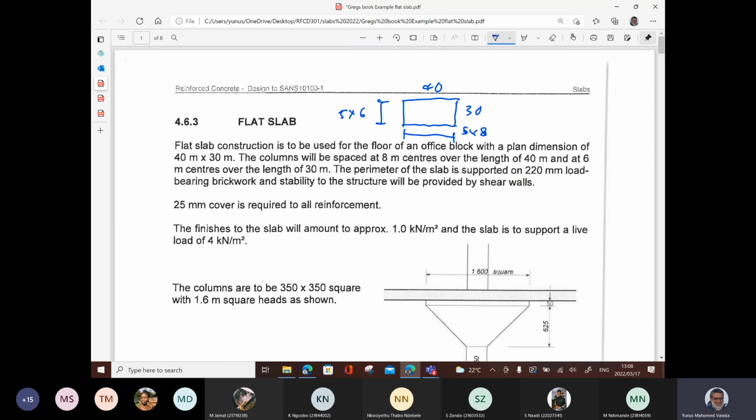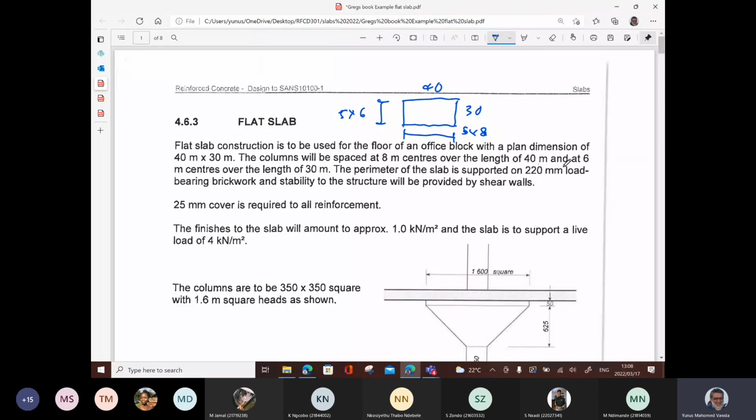The perimeter of the slab is supported on 220 load-bearing brickwork. So at the edge you've got brickwork, and stability to the structure will be provided by shear walls. That is necessary for us to be able to use the simplified method in the code.